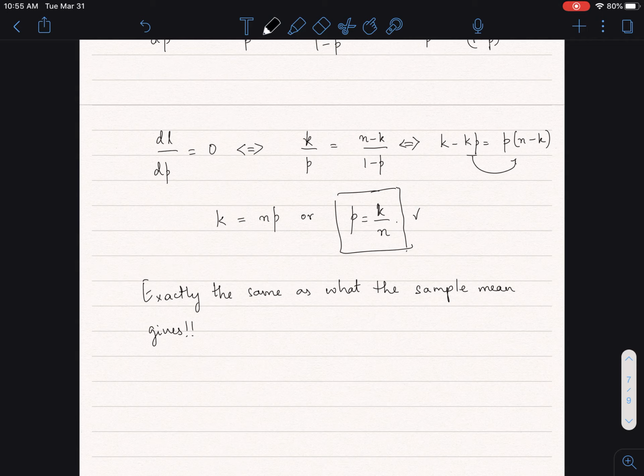Because if you remember, the sample mean was simply this function which we had written down, and if k of these are 1, then this is the same as k by n.